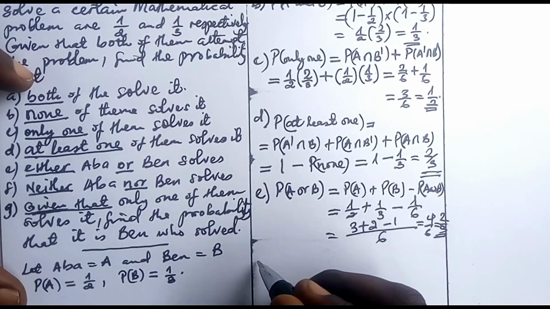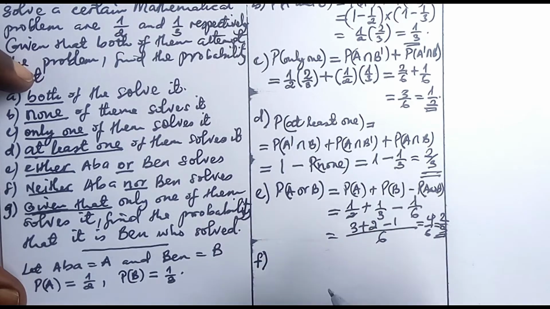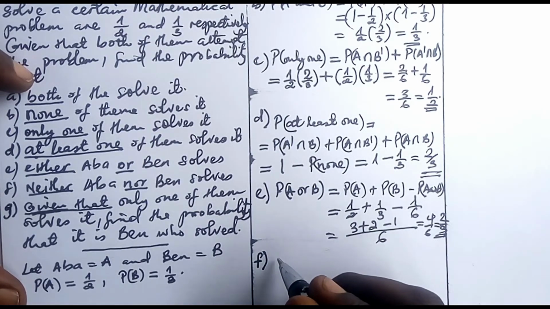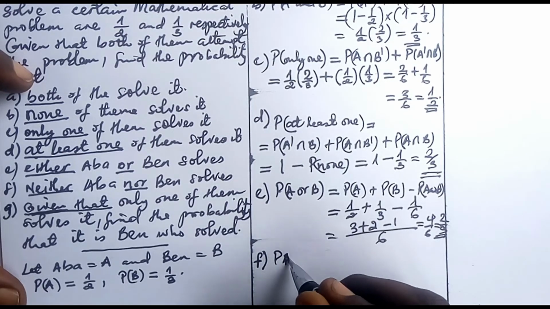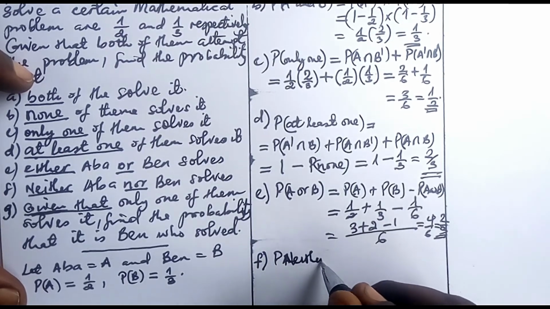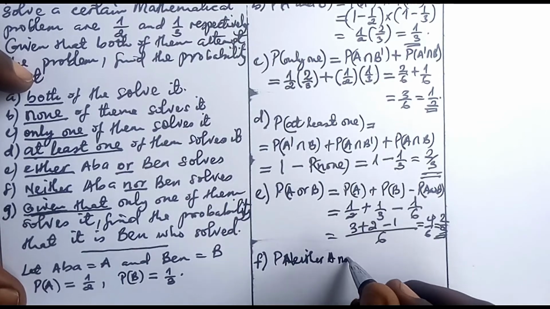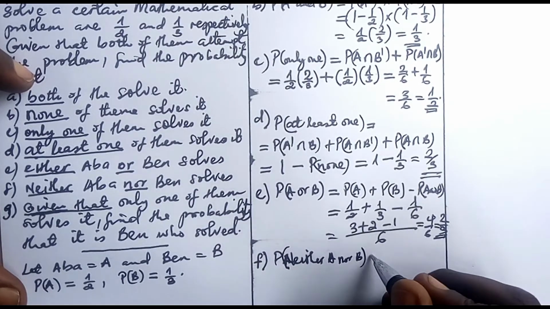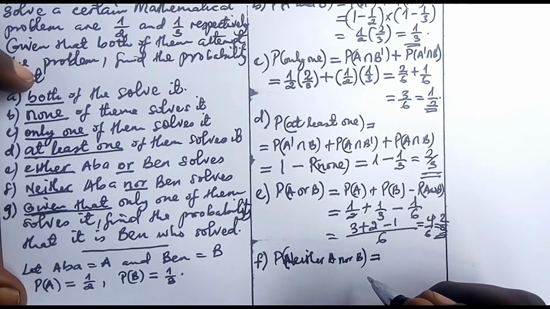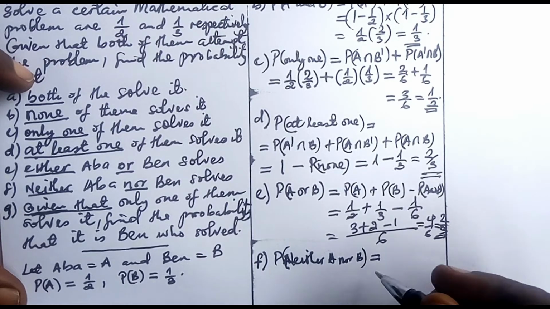And then for F, neither Abba nor Ben. P of neither A nor B is simply the complement event of either of them doing it.